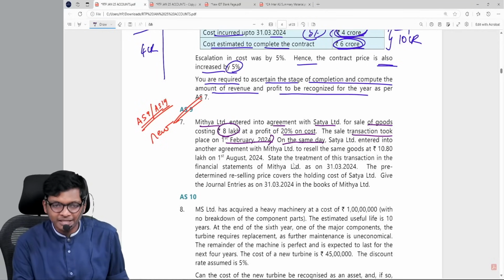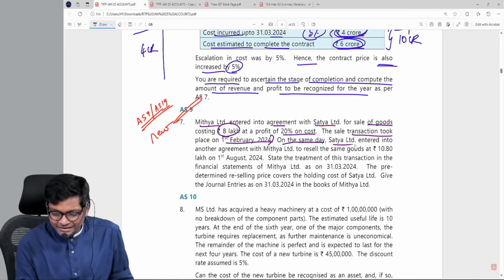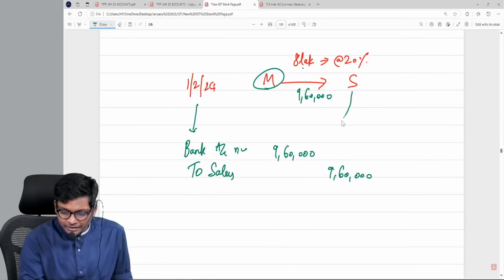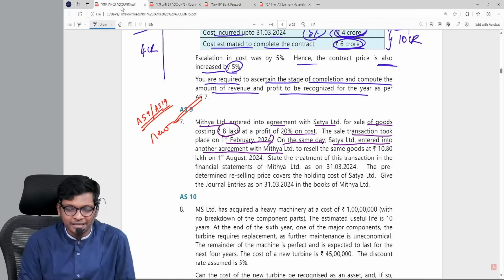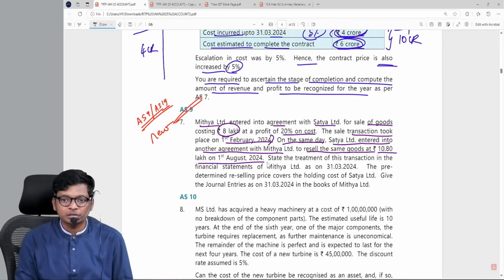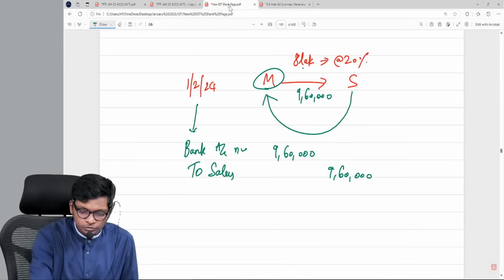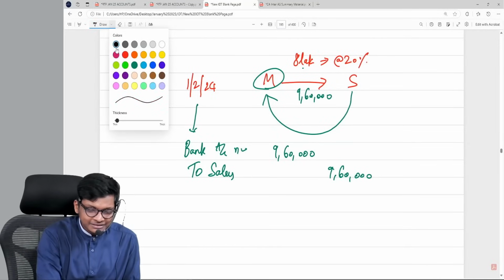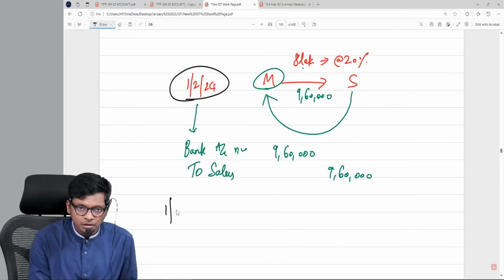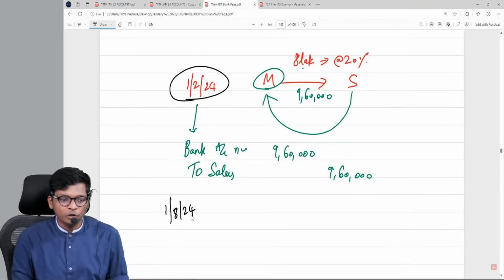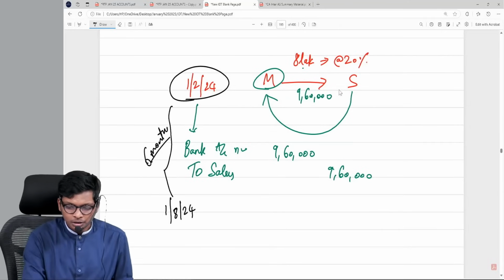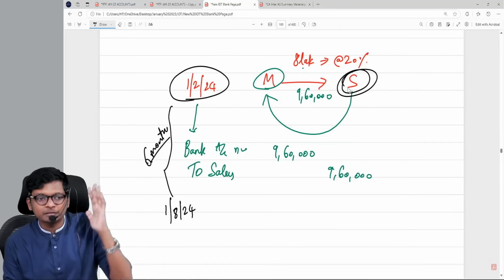Then on the same day as the sale, Satya Limited entered into another agreement with Mithya to resell the same goods at 10.8 lakhs on 1st August. So what is happening here? On this day itself, they entered into an agreement. They shook hands and said on 1st August 24, exactly after 6 months, Satya will buy it back again.